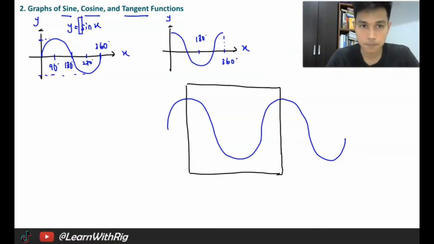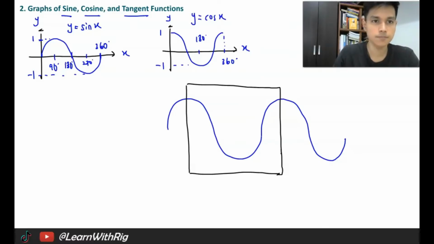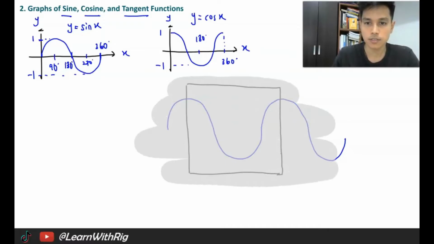In this case there is nothing written there, so it's actually 1. So here is 1, -1, same as the cos. Here is 1, and then here is -1. So this graph is y equals cos x. Clear? So this is how you draw your sine and cos graph.